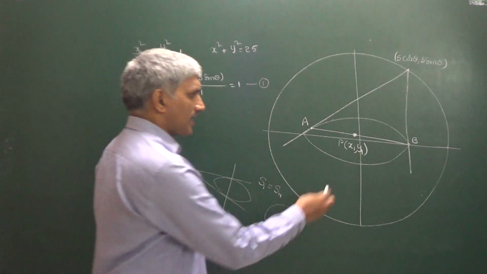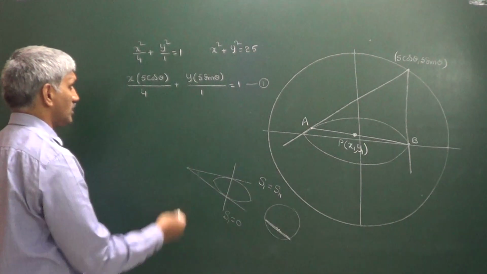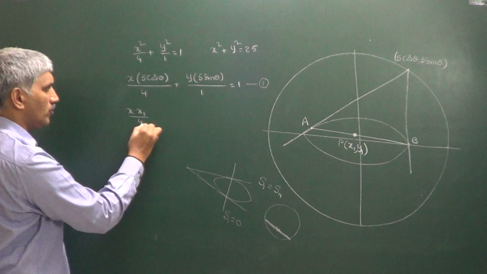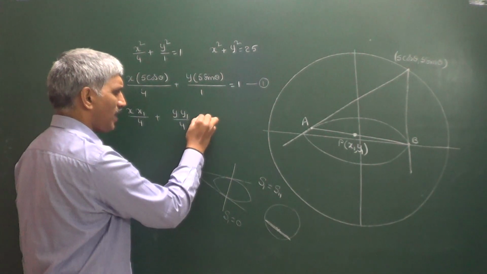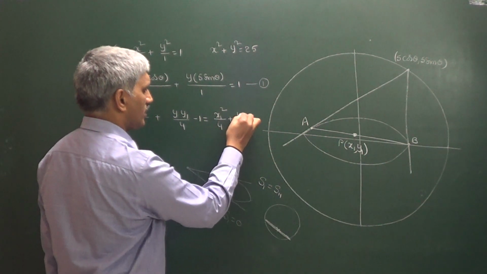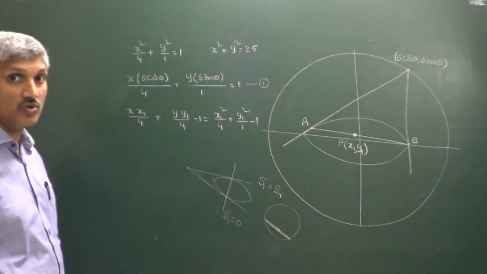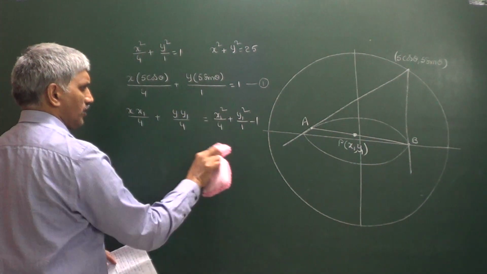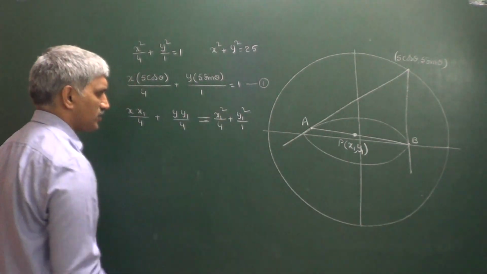So the equation of this chord is x into x1 by 4 plus y into y1 by 1 minus 1 equals x1 square by 4 plus y1 square by 1 minus 1. Now observe, minus 1 on both sides cancels. So that is the information we got.